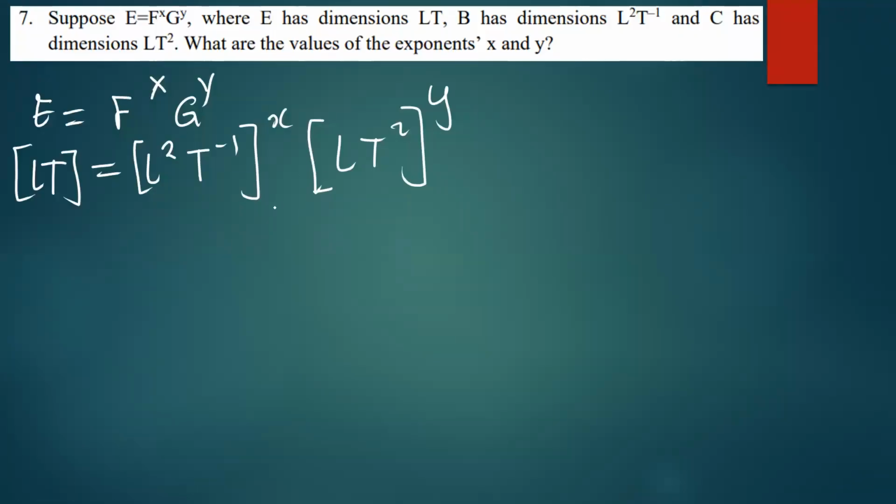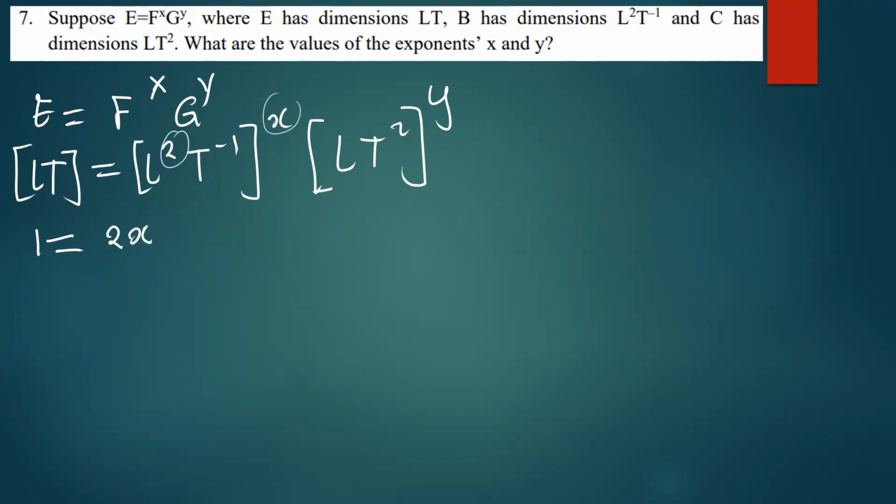Okay, so we just have to compare the powers now. Comparing the powers here, the power of L this side is 1. Then the power of L this side, we have 2 there times x, which will give us 2x.